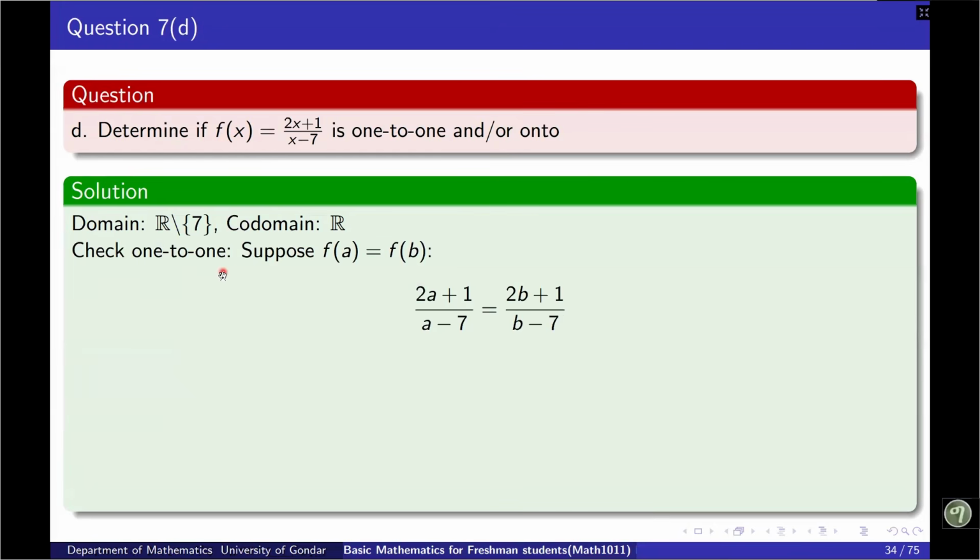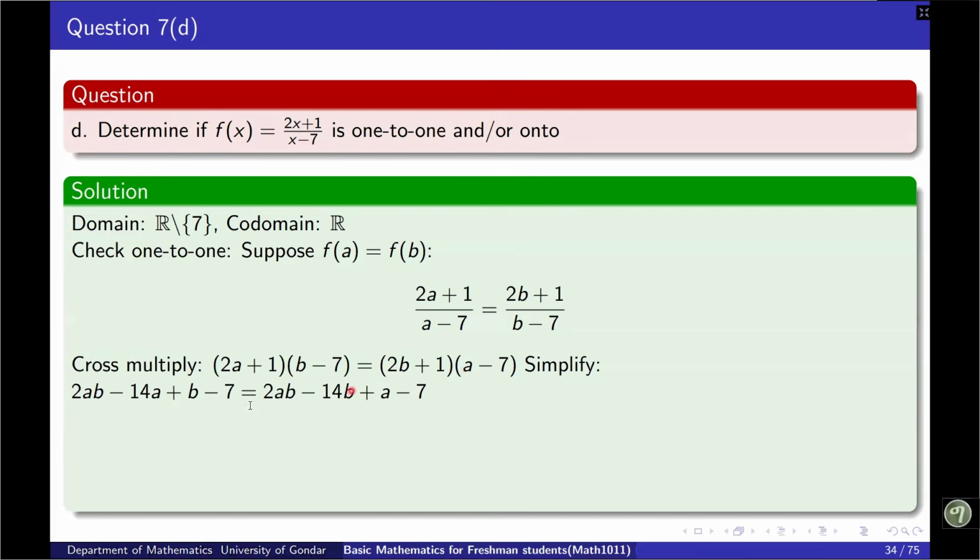Then, in order to check 1-to-1ness, suppose f of a is equal to f of b. So f of a would be 2a plus 1 over a minus 7, and f of b is 2b plus 1 over b minus 7. When we simplify this by cross-multiplying, we have 2a plus 1 times b minus 7 equal to this.